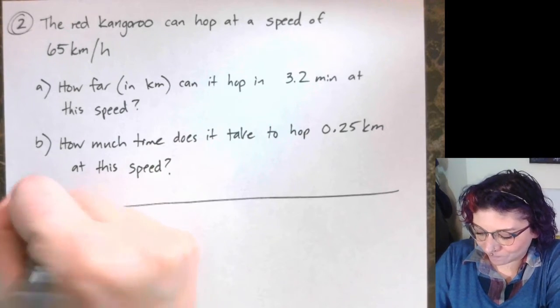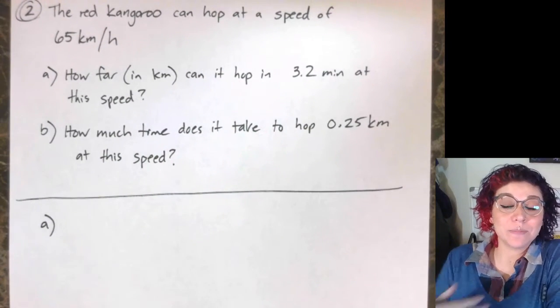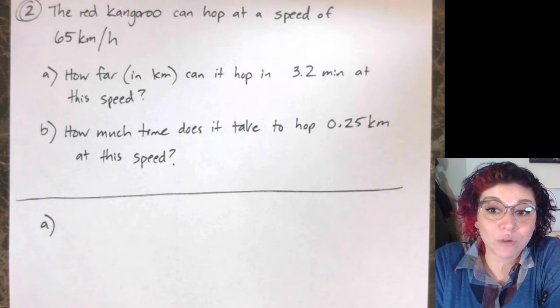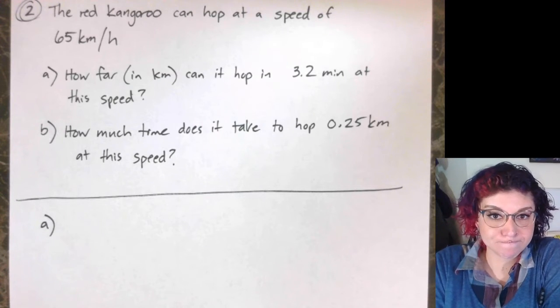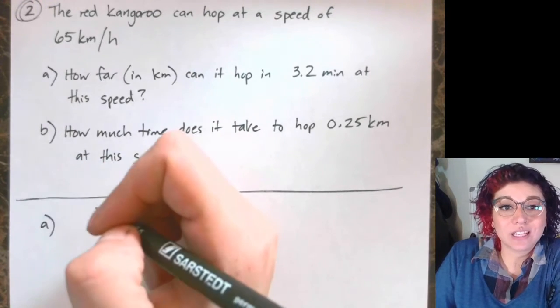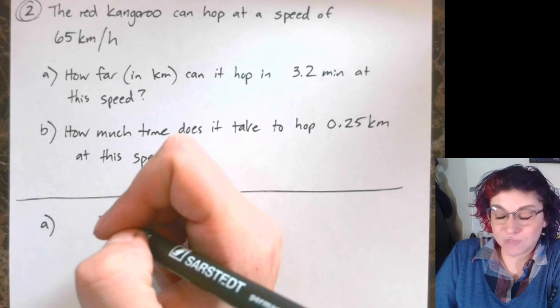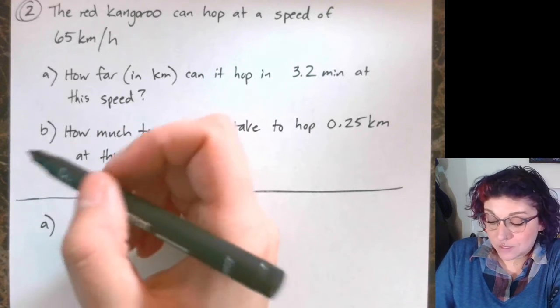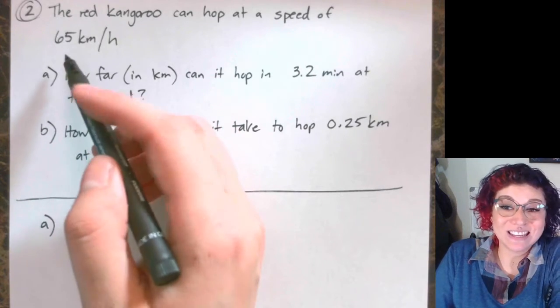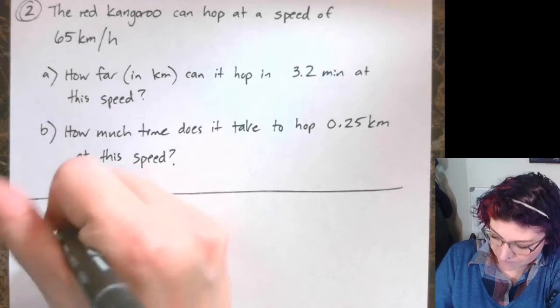So in A, again, I recommend you write down everything you know and then write down what you're looking for. So the red kangaroo can hop at a speed of 65 kilometers per hour. All right, so that is the average speed this kangaroo can hop.